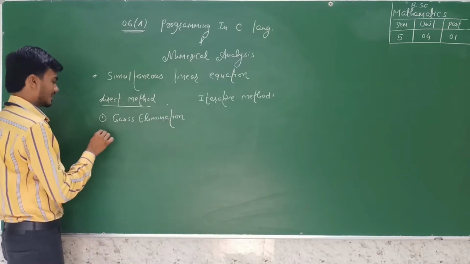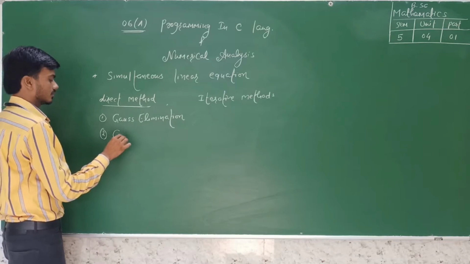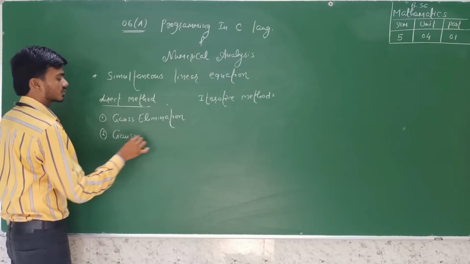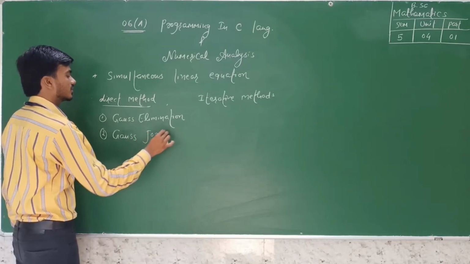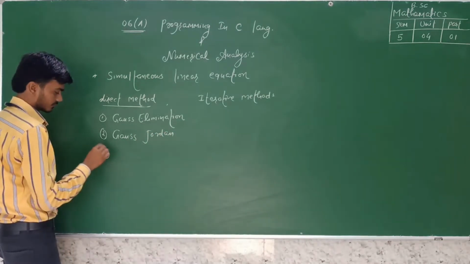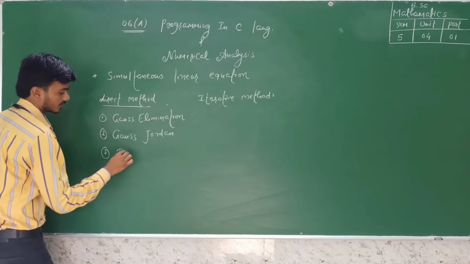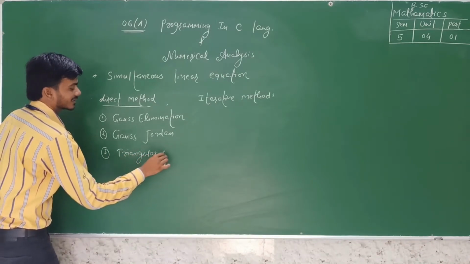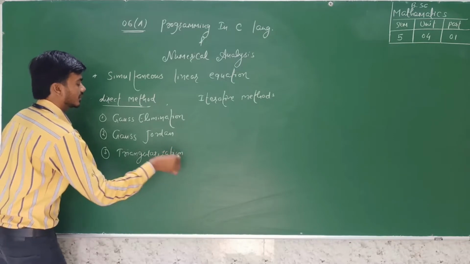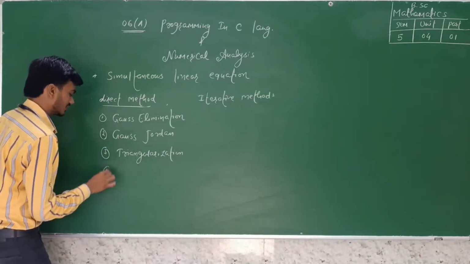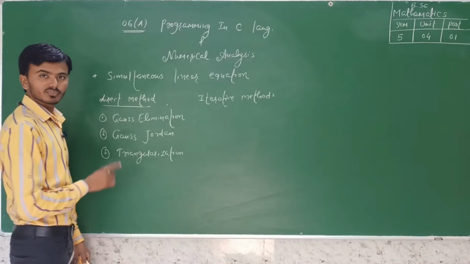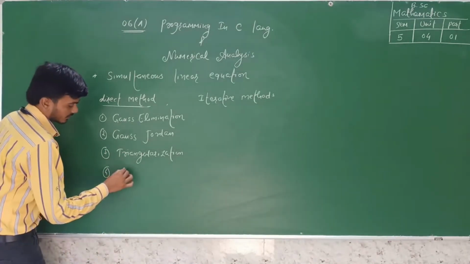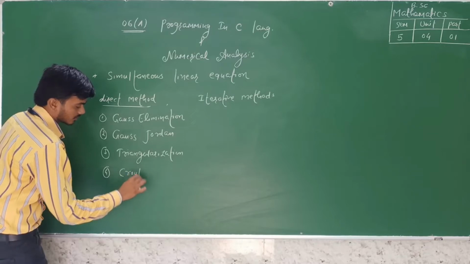Gauss elimination method, Gauss-Jordan method, triangularization method, which is also called LU decomposition method or method of factorization, and Crout's method.